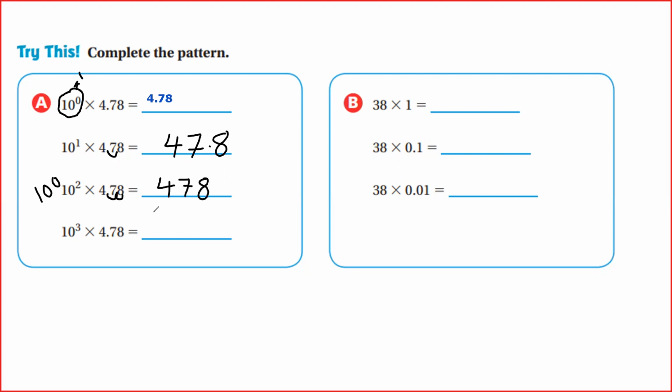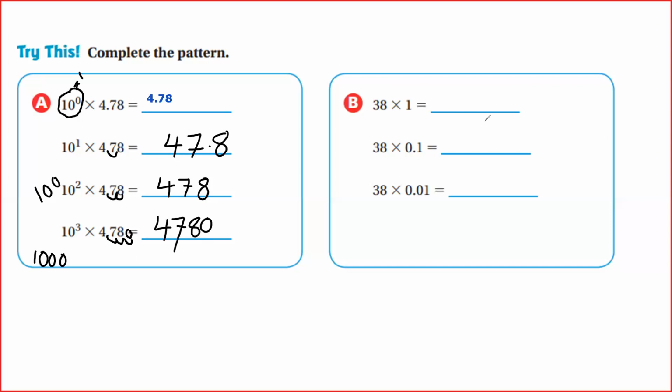Bravo. Then 10 to the power of 3, it means 1000, multiplied by 4.78. Okay. We move 3 digits, but there are not 3 digits, so we will add 0. Bravo. And it will be 4,780.